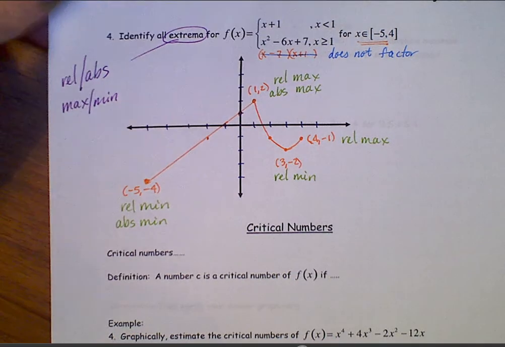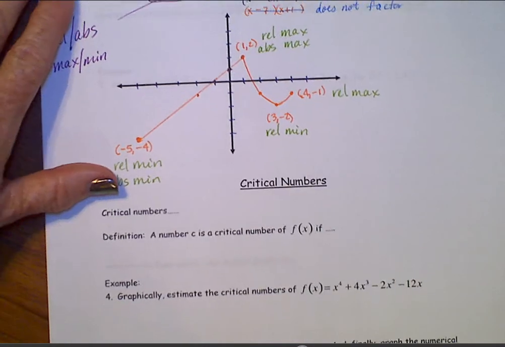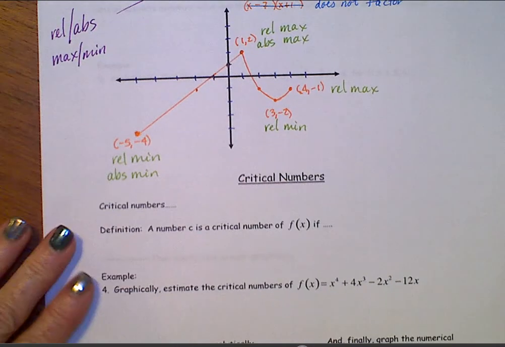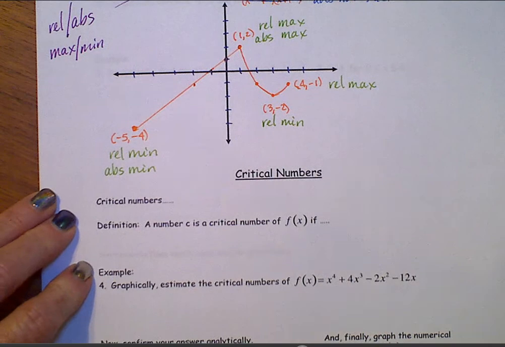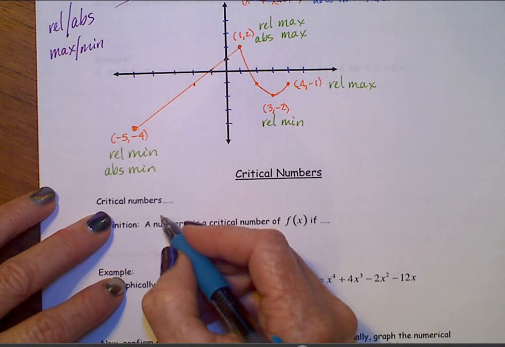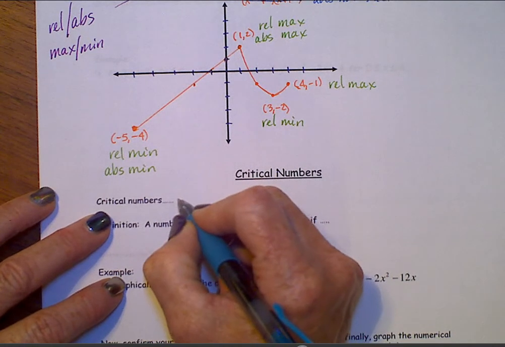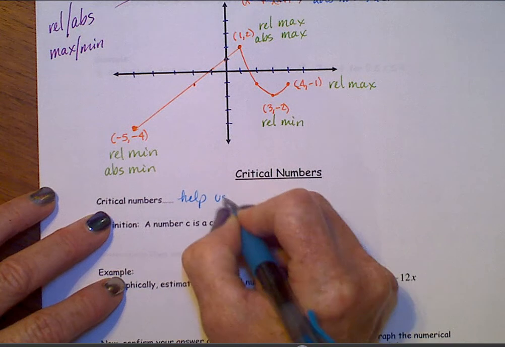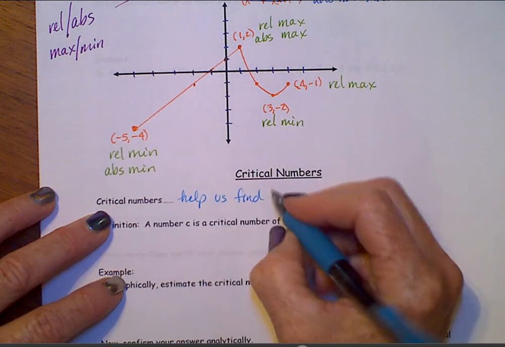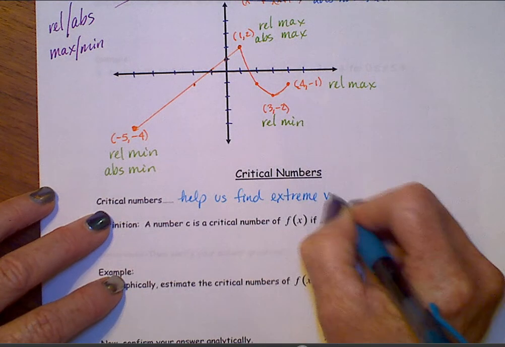So when we are analytically trying to find these extreme values, we are interested in something called critical numbers. A critical number is a number, it's an x value that helps us find extreme values. Critical numbers help us find extreme values.